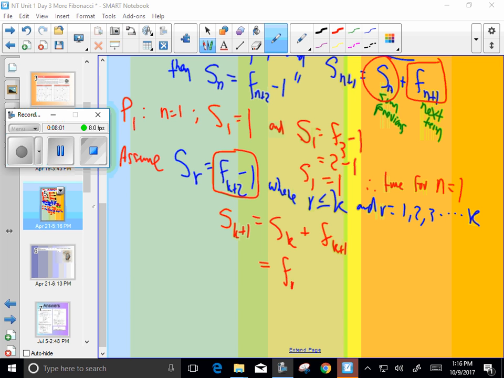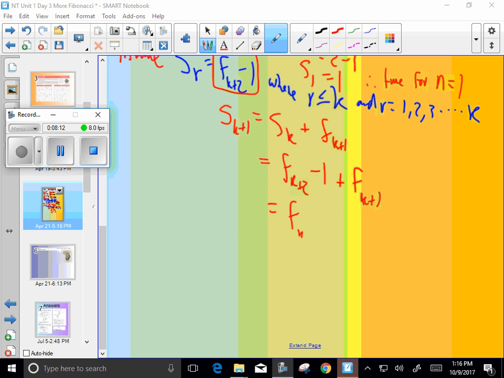F of K plus 2 minus 1, and then add this F of K plus 1. I'm going to regroup these: F of K plus 1 plus F of K plus 2, minus 1. What's next?